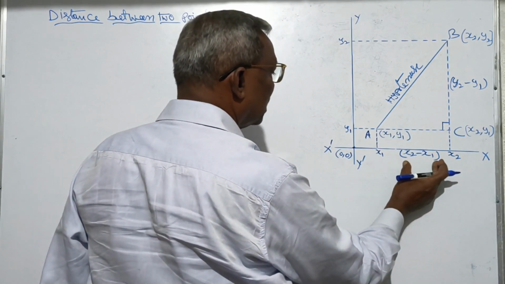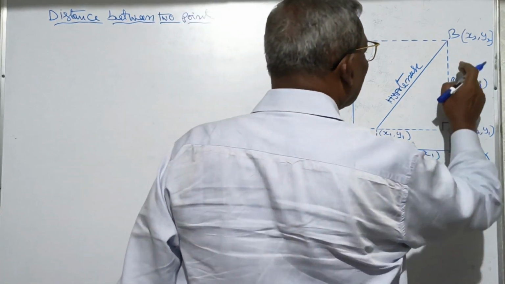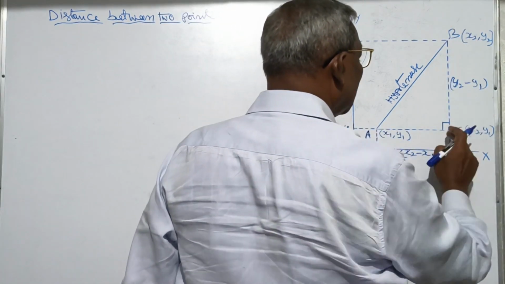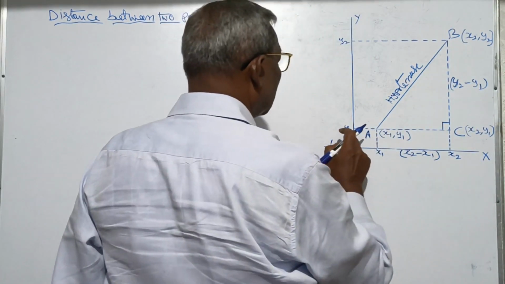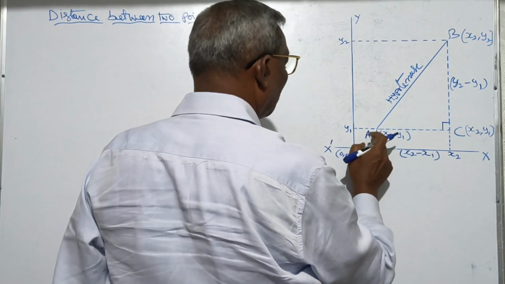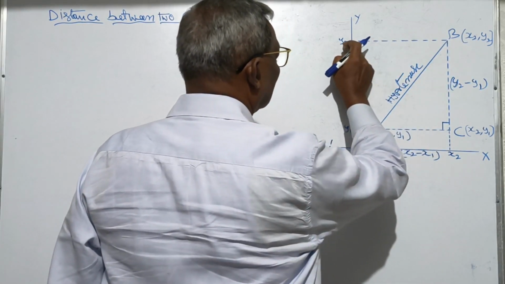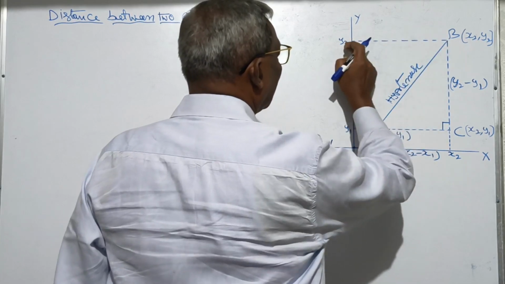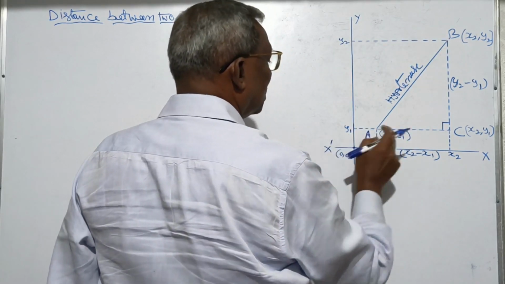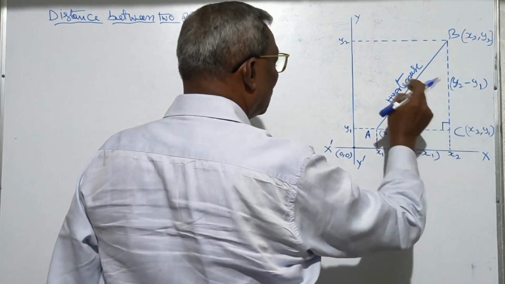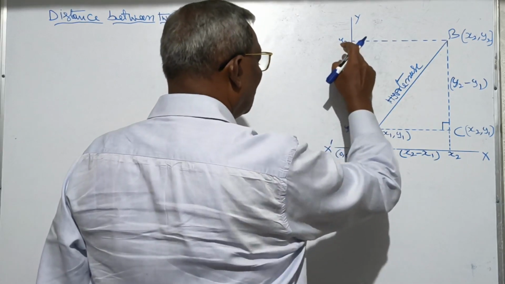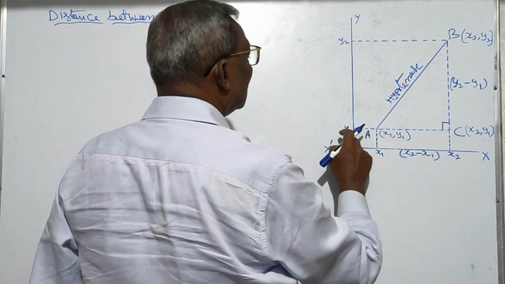Similarly, here this is y1 at point A and y2 at point B, so the length of BC is equal to y2 minus y1.